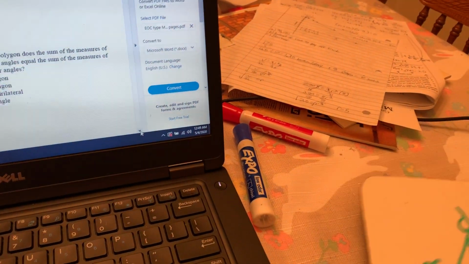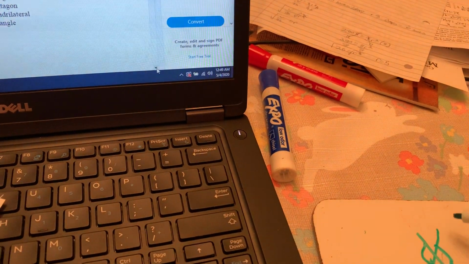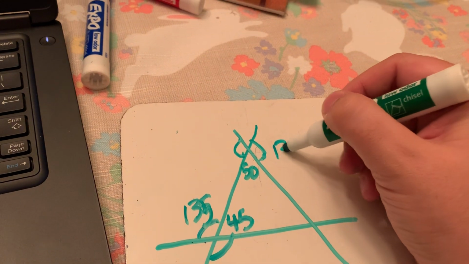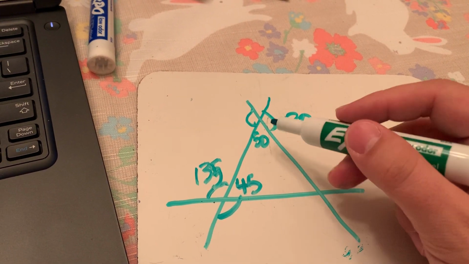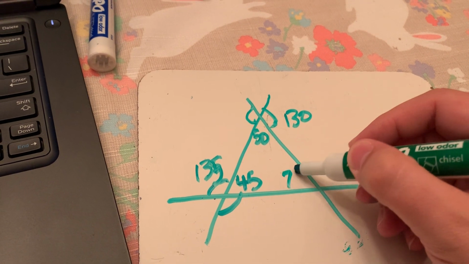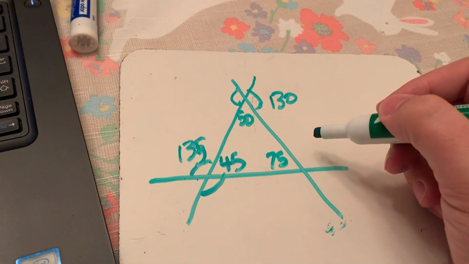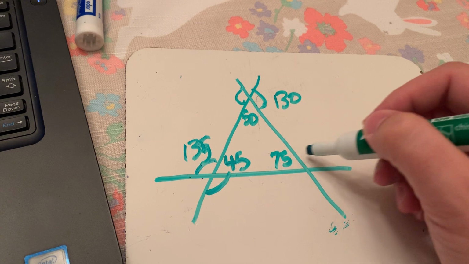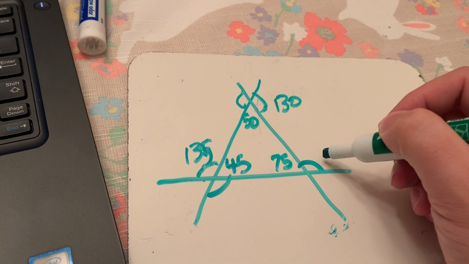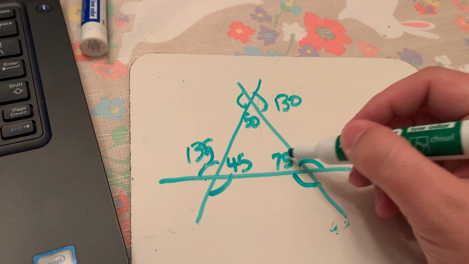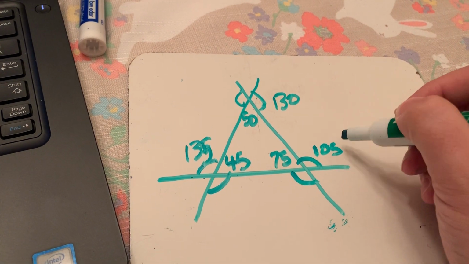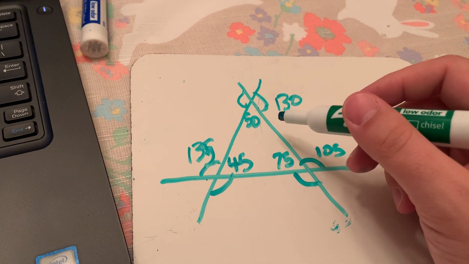So either way, we're doing a linear pair there, so either one of those would be 130, okay? So if we add those, 45 and 50 is 95, so this angle has to be 85. So again, 85 and this angle form a line, or it would also be with this one. What adds to that would be 180, be 95, right? We add all that, it's 180, we know that.